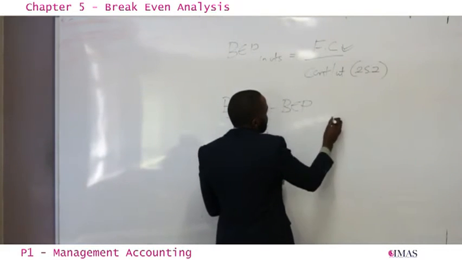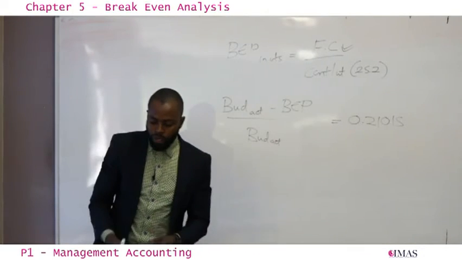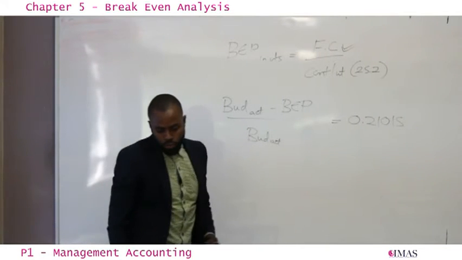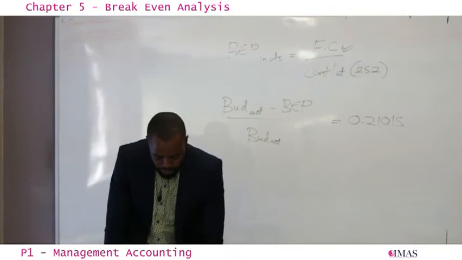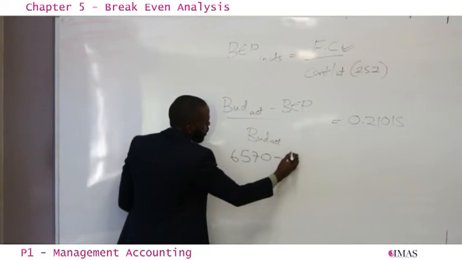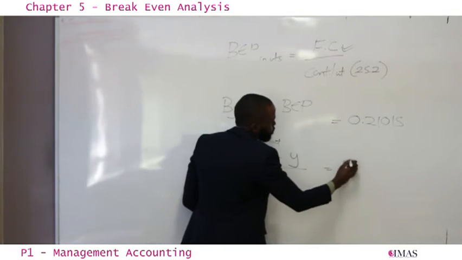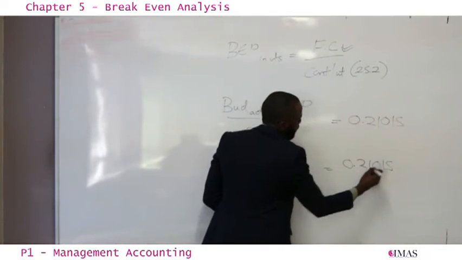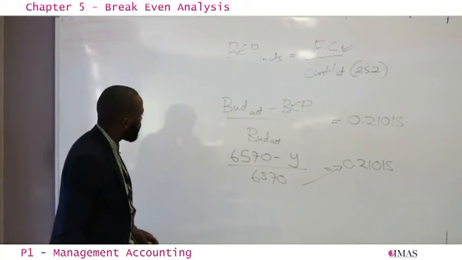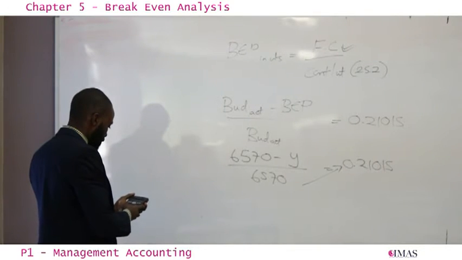This is equal to 0.21015. So in our margin of safety formula, we can easily find our break-even point because we're given the budget activity. So budget activity is 6570. This is going to be 6570 minus y divided by 6570, equal to 0.21015. Then we cross multiply. So we take 6570 times 0.21015.